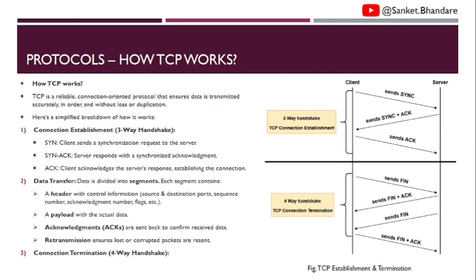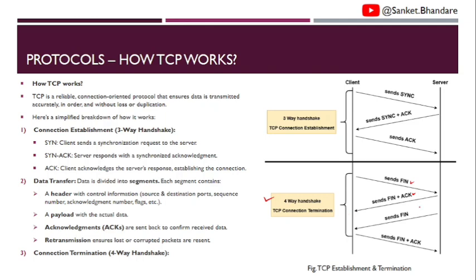Once the data transfer is done, in order to terminate the connection that has been established using the three-way handshake, TCP makes use of a four-way handshake process. The client first sends a finish packet to the server, that is a FIN packet. Then the server receives that FIN packet and sends a FIN plus ACK packet. So the finish acknowledge packet is further sent to the client.